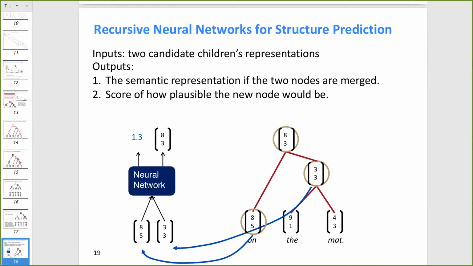So unlike the traditional way of doing it in neural networks, where a neural network gets its input from every word's word embedding, here the input that is being given to the neural network is slightly different. It gets the vector representation for the word "on", and then it gets the vector representation for the phrase "the mat". So that's how it's different from a recurrent neural network.